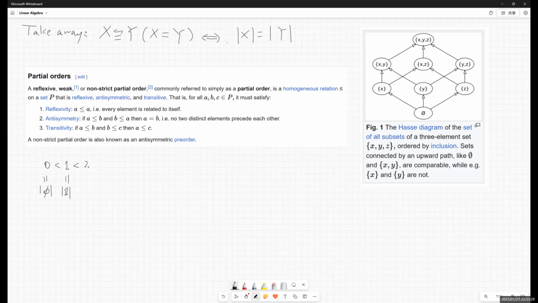And 2 equals any binary set. 3. And if we have a cardinality n, that means all the sets x, y, z have the same cardinality n.